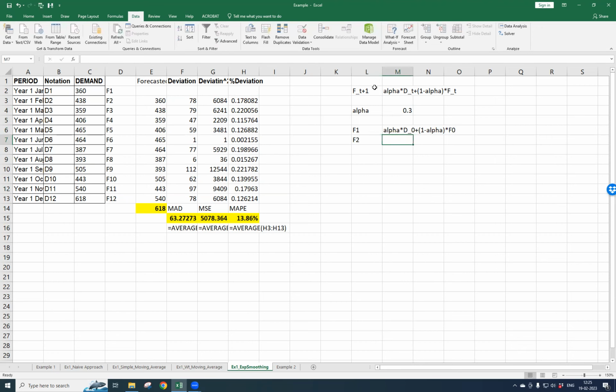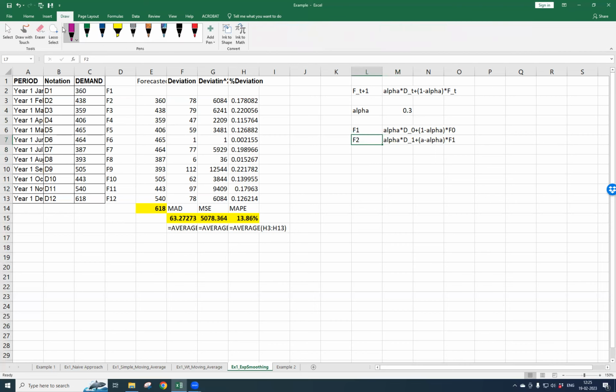When I go to F2, it becomes alpha into D1 plus 1 minus alpha into F1. Because we were not able to calculate F1, by this formula I cannot calculate F2, and going forward, I cannot calculate anything else as well. And this is what we have discussed in class 2.